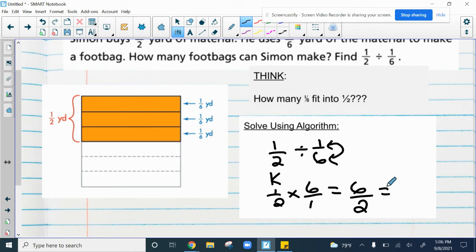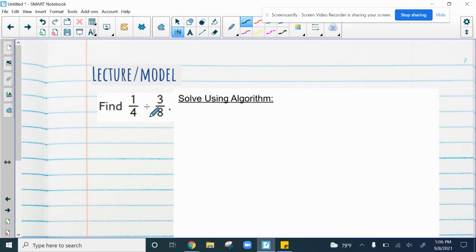And then 6 over 2 gives us 3. So we can make 3 foot bags. And as you can see here, if I divided this up into 6 and I took half of it, there are 3 1/6 in the group. So that's another way visually that you can see it. All right, let's move on.